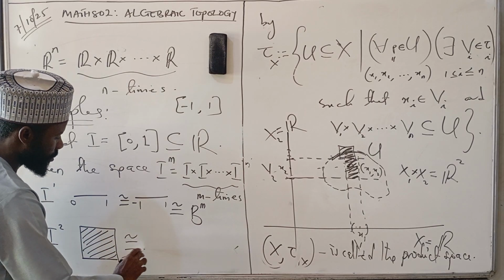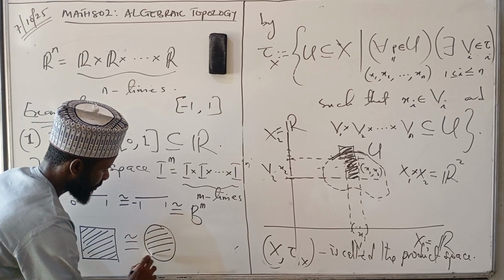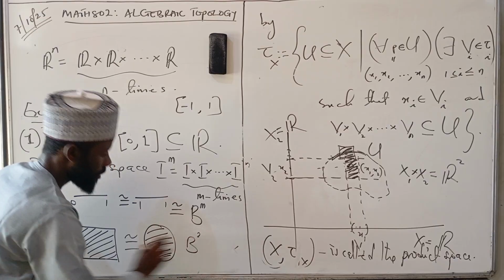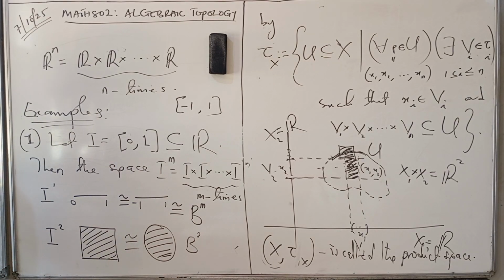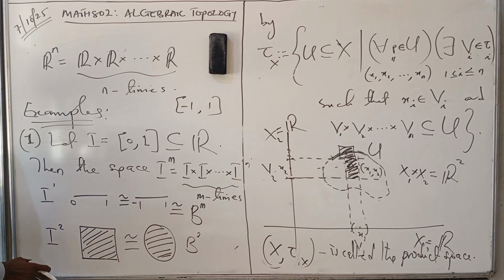That is homeomorphic to a disk. Remember, a disk is our B2. It's homeomorphic to a disk. So this is another way you look at a ball, as a rectangle.